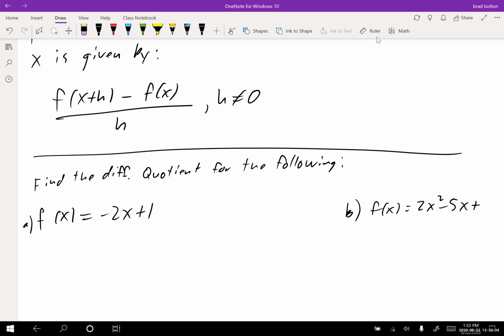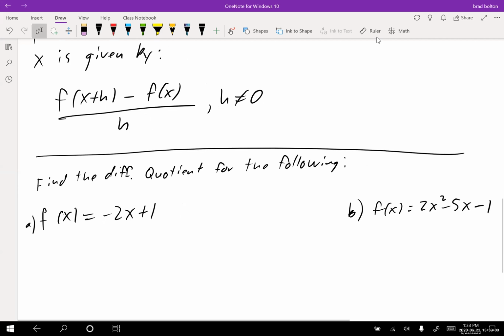Okay. So what we're going to do now is we're going to do f of x plus h. That means we literally have to plug x plus h in for x. So this is going to become negative 2 times x plus h plus 1. This, all of this, is just f of x plus h, right?